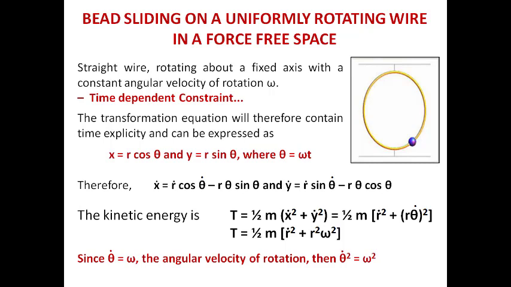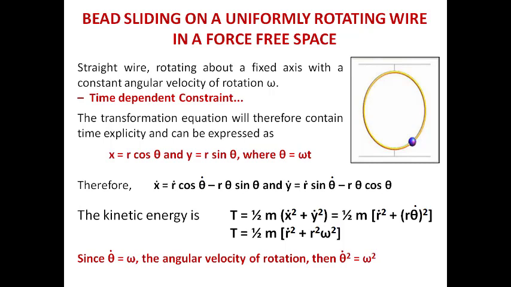Now you notice that the wire is straight, rotating about a fixed axis with a constant angular velocity omega. So the constraint on the system is time dependent. The transformation equation will therefore contain time explicitly and can be expressed in two coordinates, x and y.